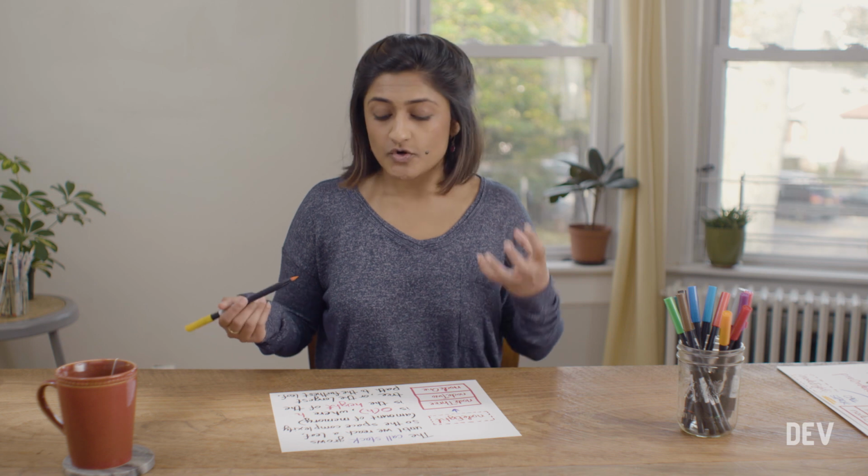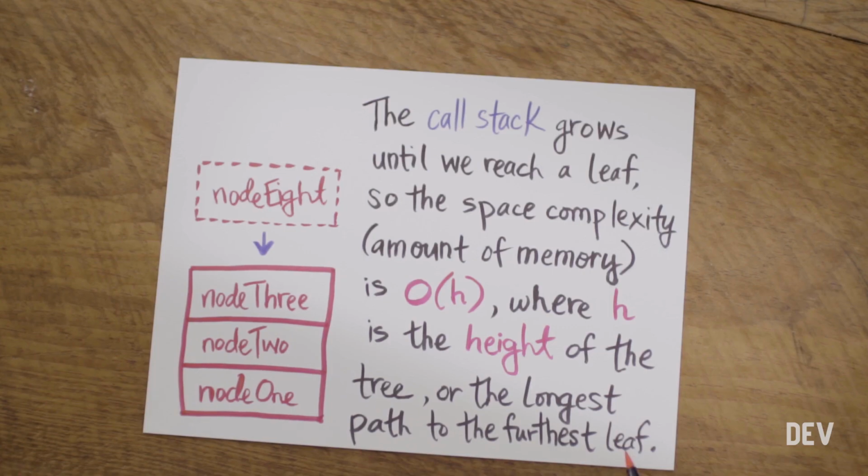The technical term for talking about the space complexity is O of H, where H is the height of the tree. Recall that height has to do with the longest path or the path to the furthest leaf. In this case, we're talking about the height of the tree itself.